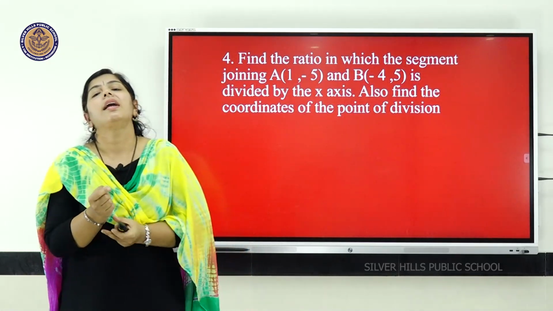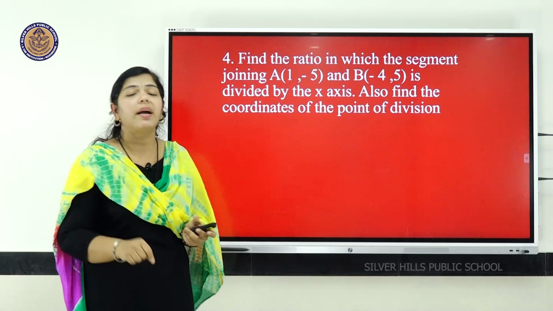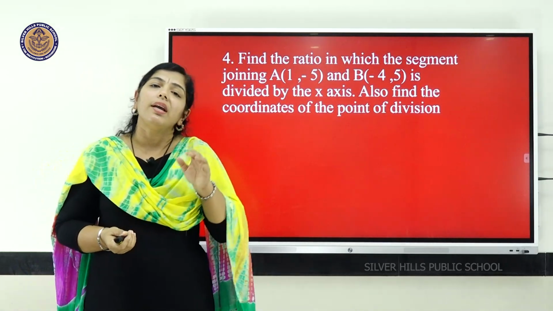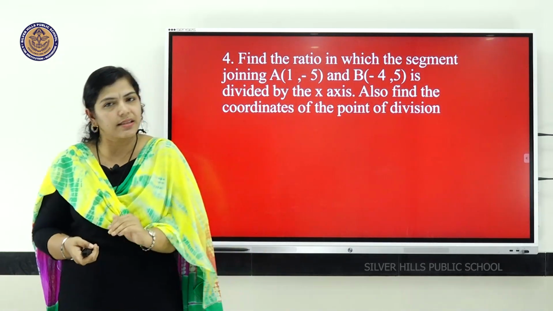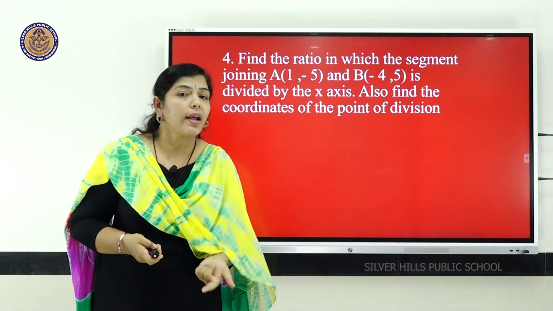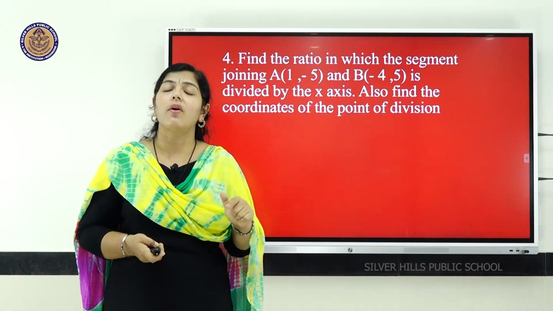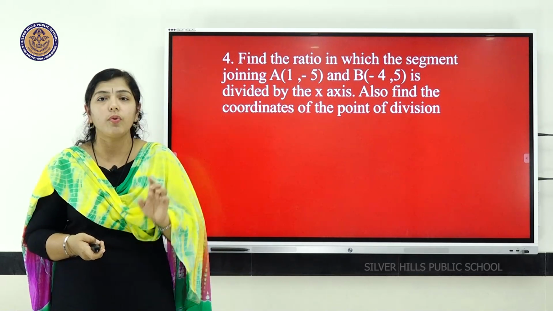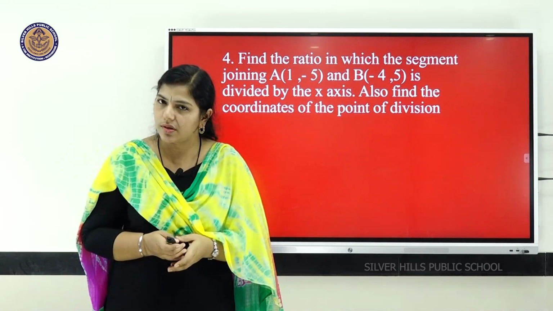It is told that it is divided by the x axis. So, if it is divided by the x axis, what will be the y coordinate? The y coordinate will be 0. Using that concept we have to do this.